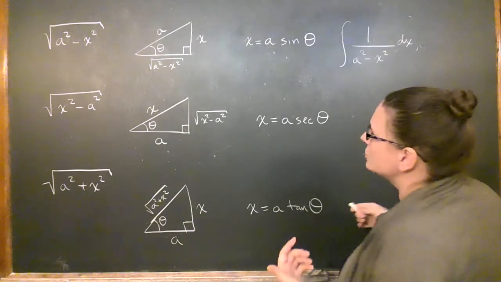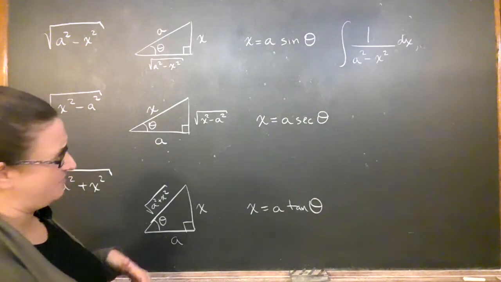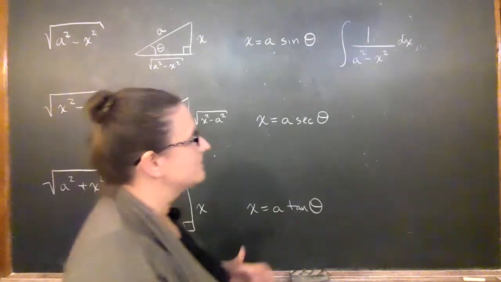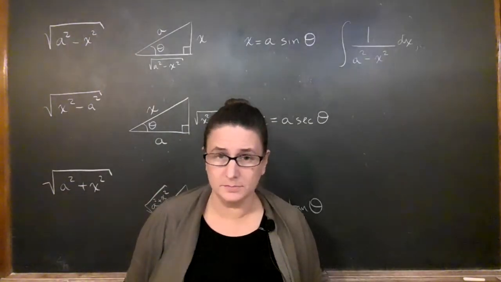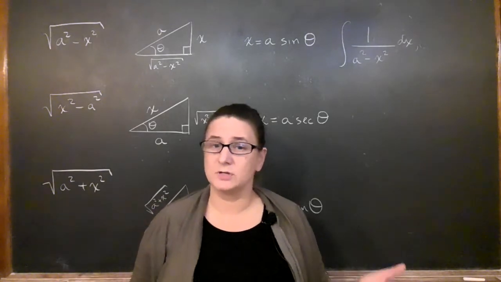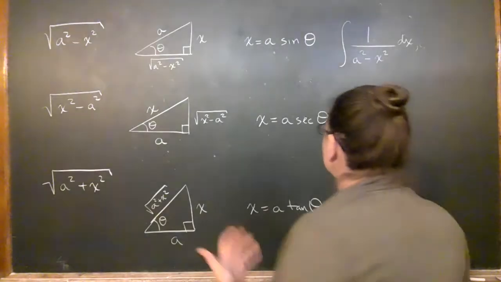You might also see the square root in the top rather than the bottom. I think in all three of ours, it was in the bottom. Or you might see the square root cubed, so it would be that expression to the 3/2. So sometimes you may see such things.